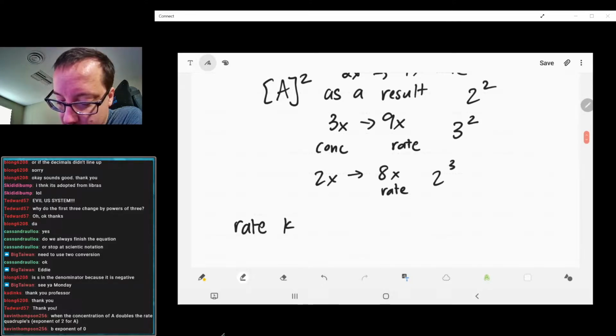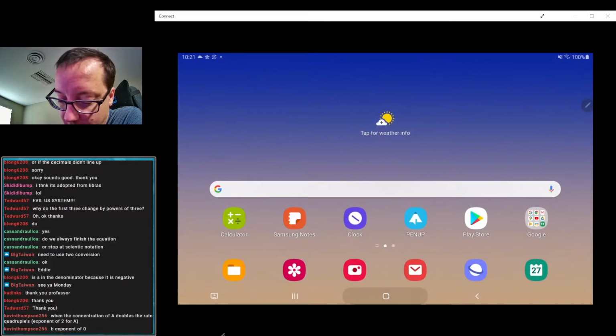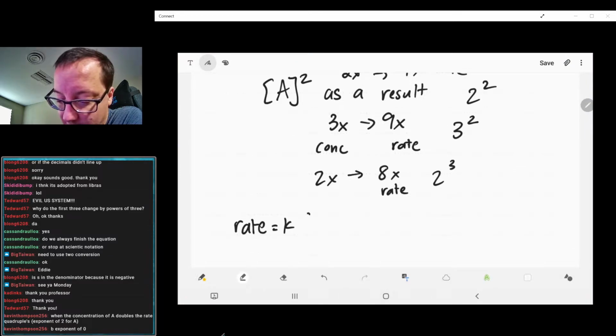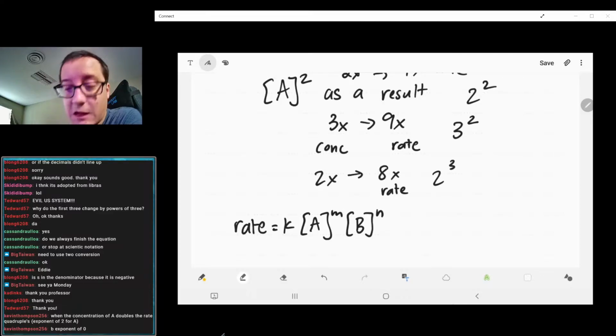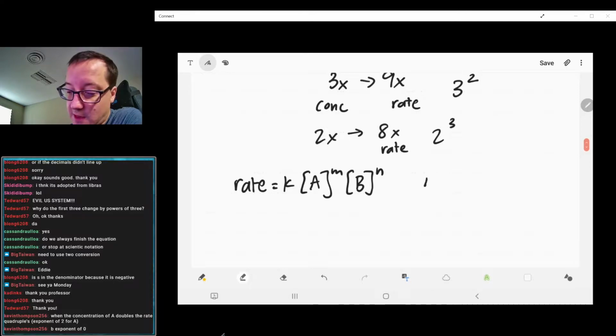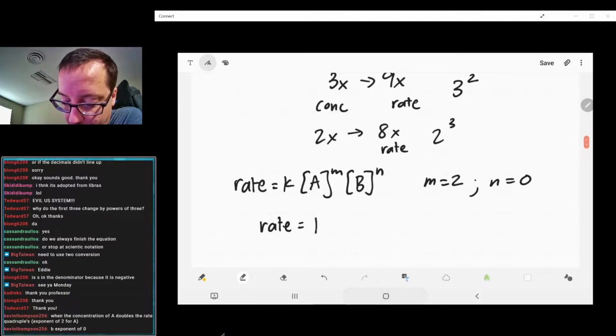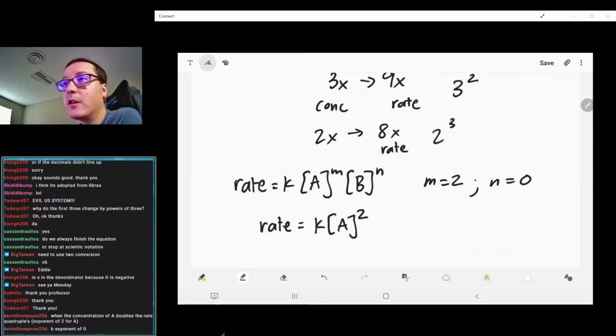Remember that the rate is going to be equal to k times [A] to the m and [B] to the n, however many reactants you have. We've basically just deduced that m must be 2 and n must be 0 as a result of this. So our rate law, therefore, is just equal to k[A] squared.